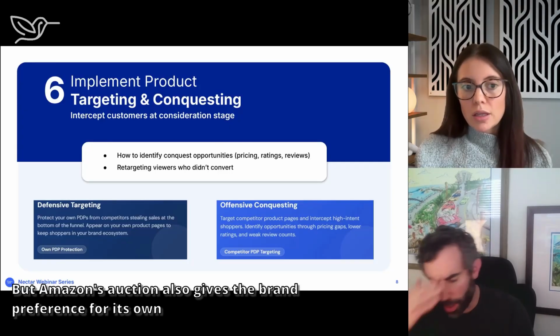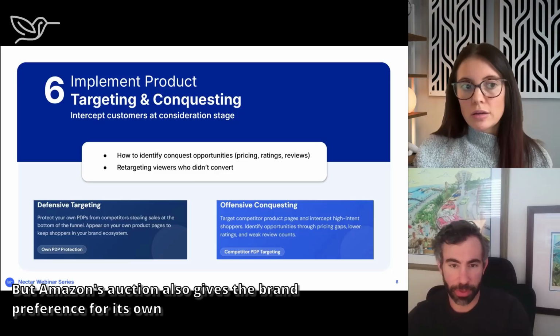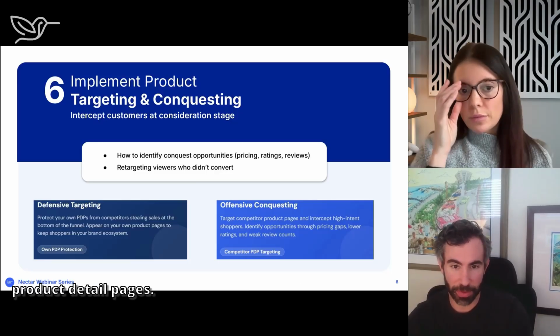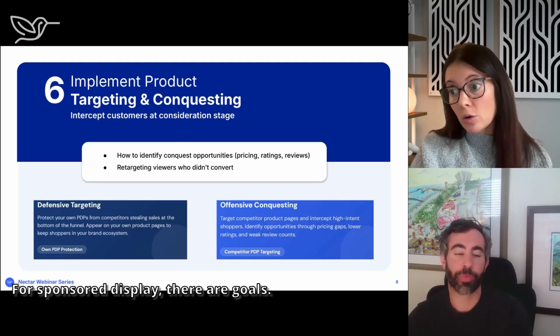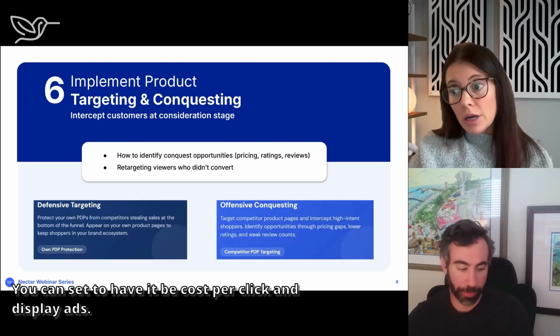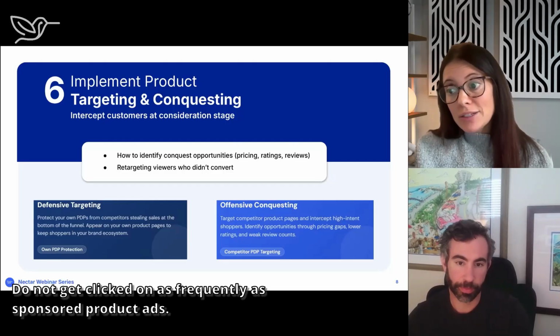But Amazon's auction also gives the brand preference for its own product detail pages. Yeah, for sponsored products, it's pay per click. For sponsored display, there are goals you can set to have it be cost per click, and display ads do not get clicked on as frequently as sponsored product ads.